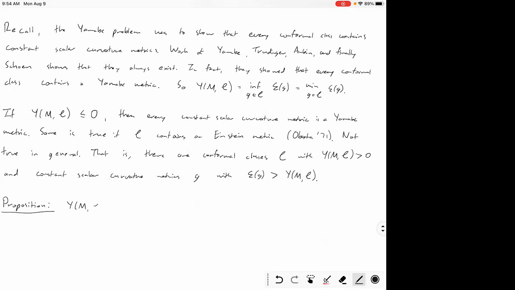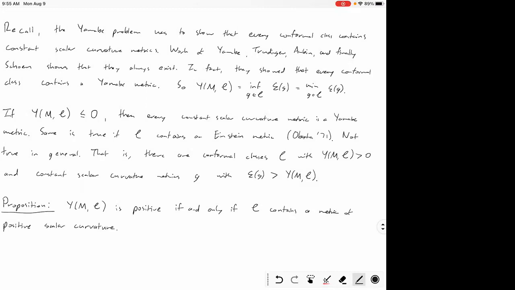The Yamabe constant of a conformal class is positive if and only if C contains a metric of positive scalar curvature.